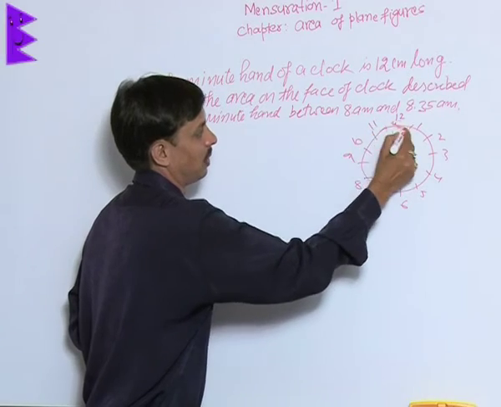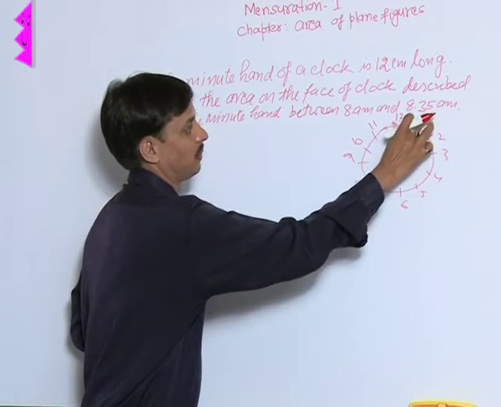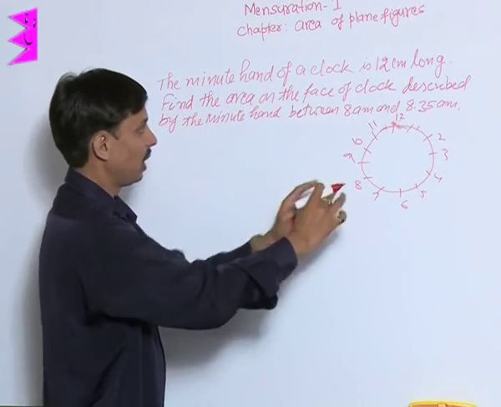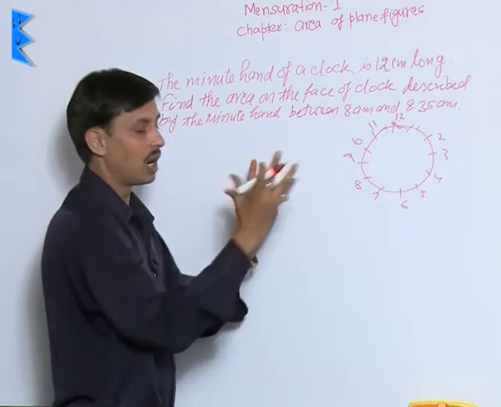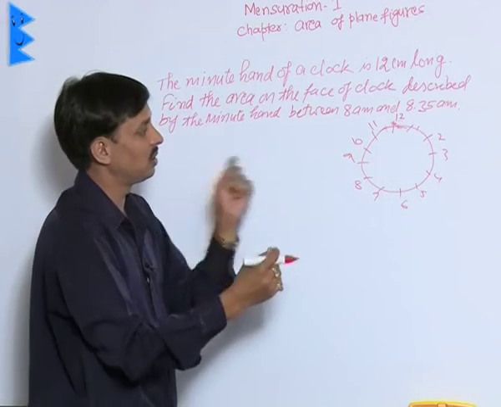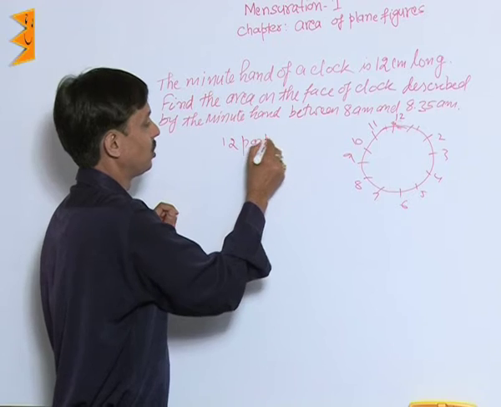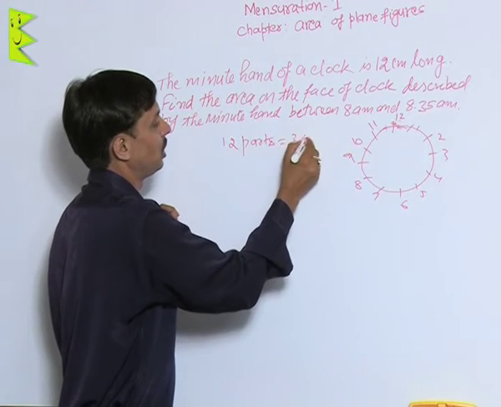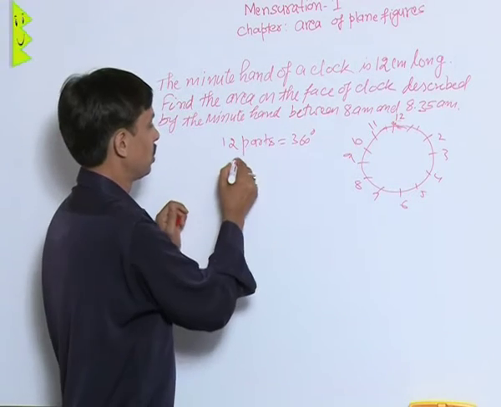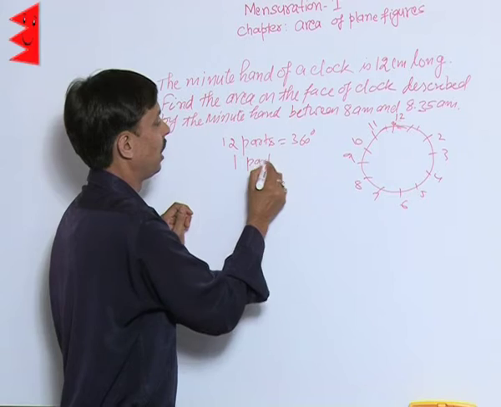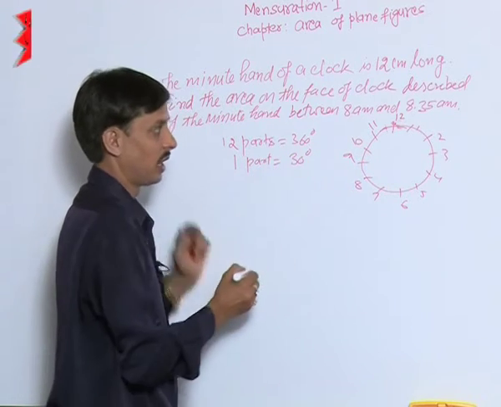Now the question is: in 12 parts, how many degrees of angle are enclosed? 12 parts enclose 360 degrees. So one part encloses 30 degrees.